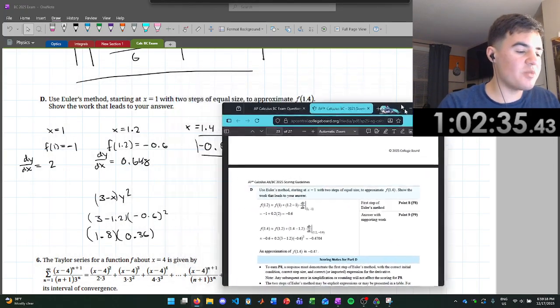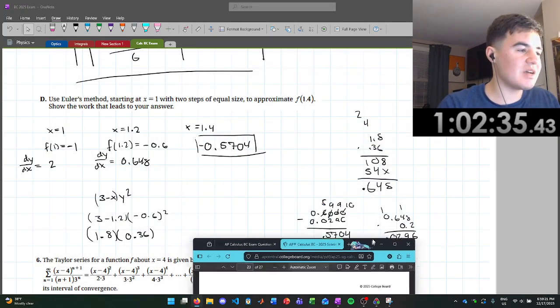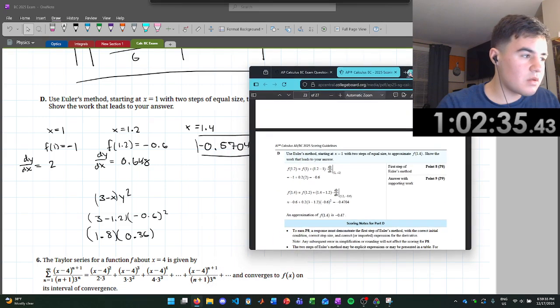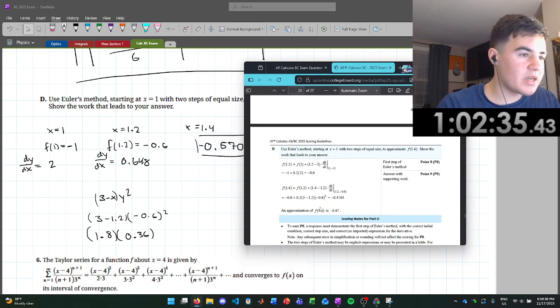Wait, my slope is just wrong. It should be 0.1296, not what I got. Wait, 1.8 times 0.36. 0.648. Oh, I messed it up. Wait, what? I'm so confused. Wait, 0.6 squared. 0.36. Wait, 3 minus 1.2 is 1.8.